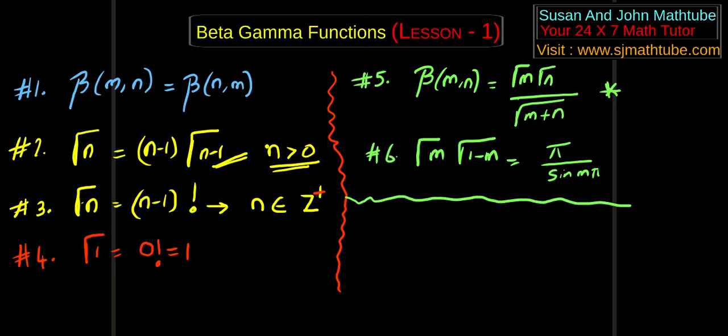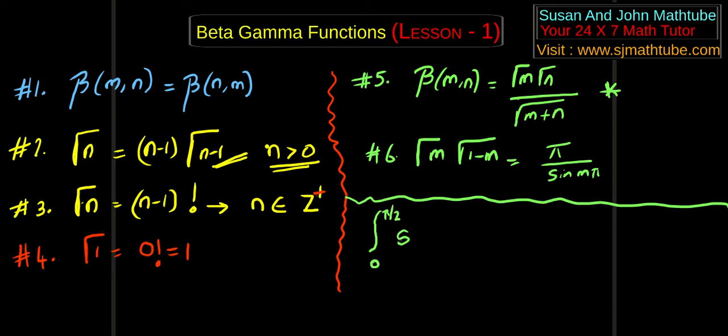Okay, now comes the superheroes. I have to call them superheroes because this is exactly what you are going to use in this semester and in the next semester and maybe even in the third semester whenever you get something in the form 0 to pi by 2.